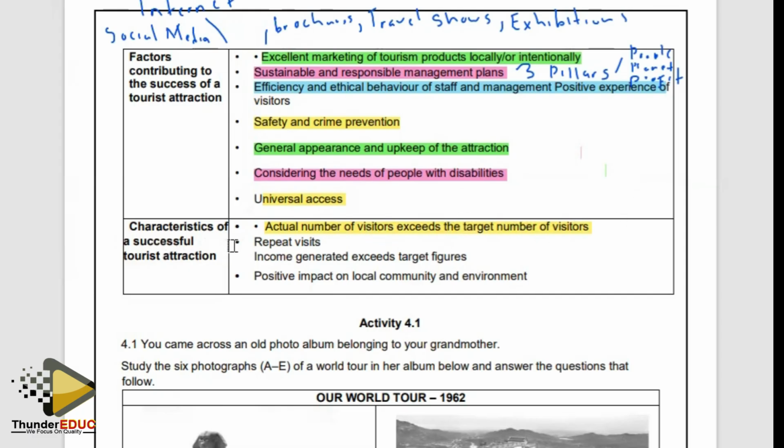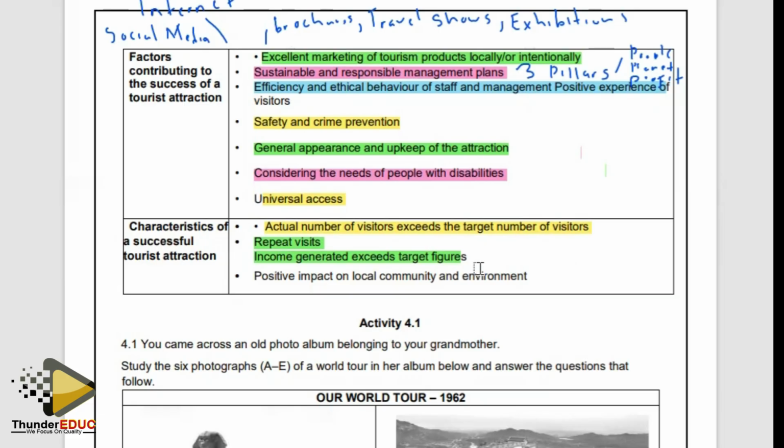Then they also experience something called repeat visits. That is when tourists continuously repeat visiting an icon. They would continuously come back to an icon or an attraction which they have visited before, simply because they had a positive experience.